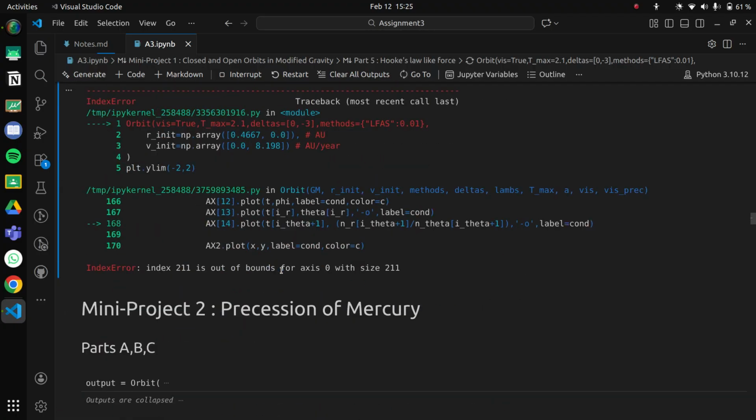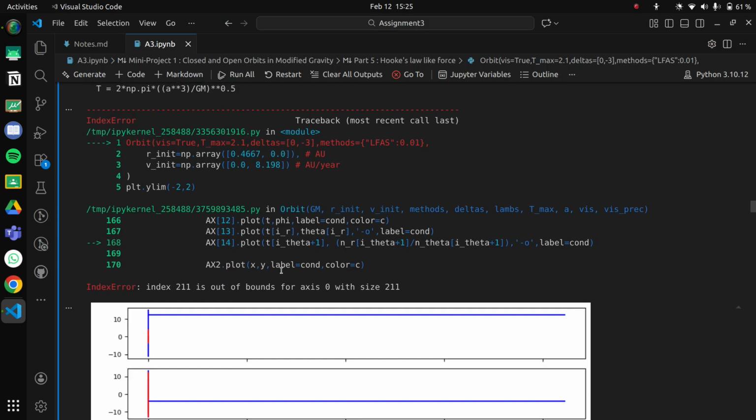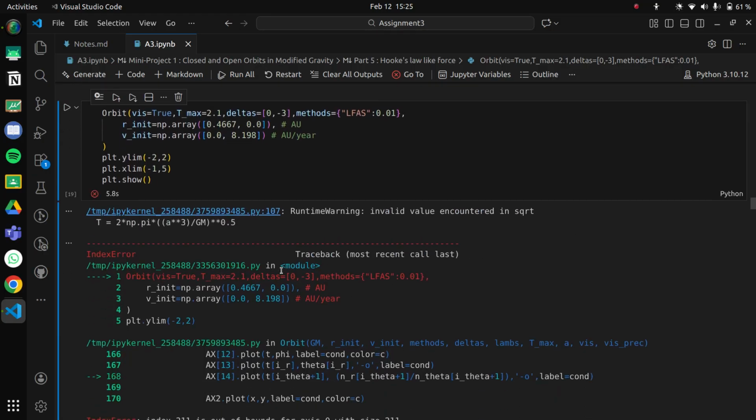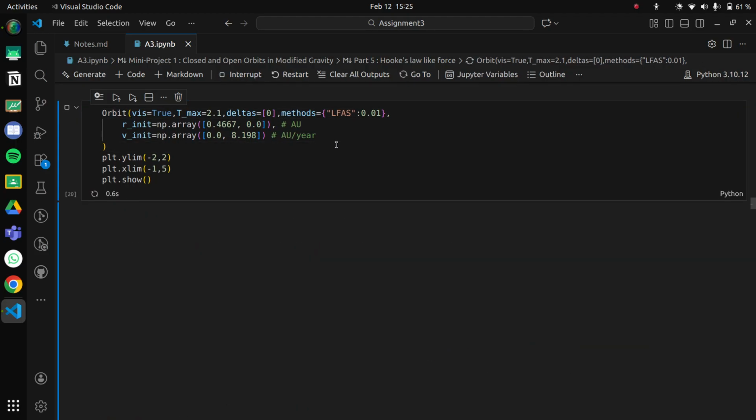Index error. It's still going though. Why is this going? Okay, not have -3 for now. Just see what's happening, right? We'll see.